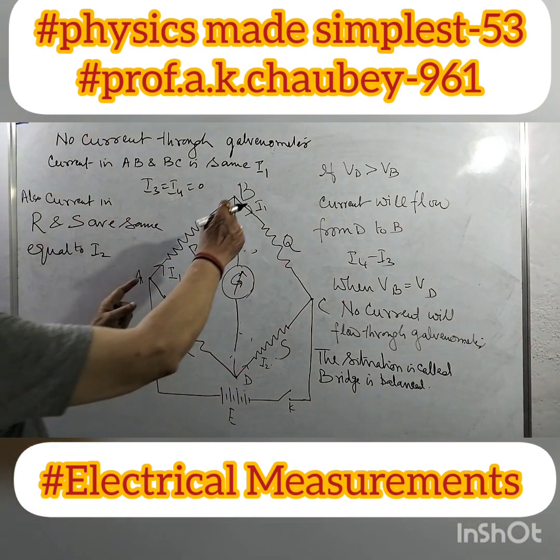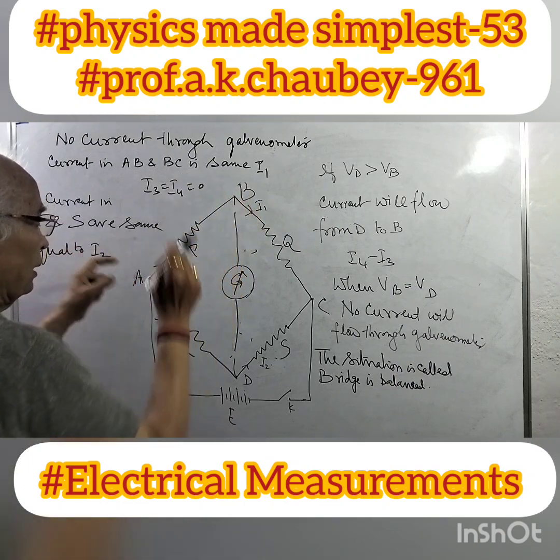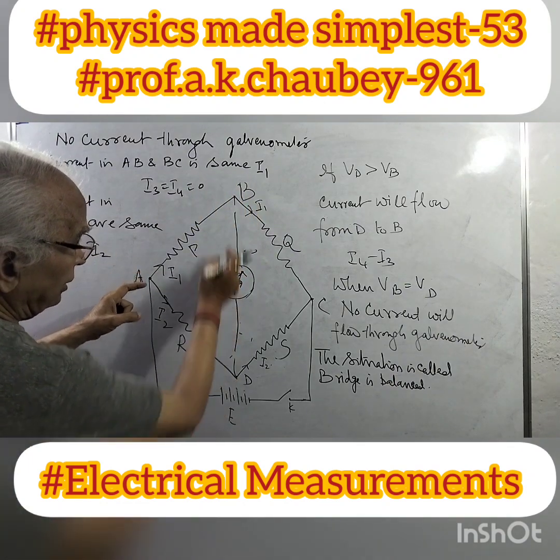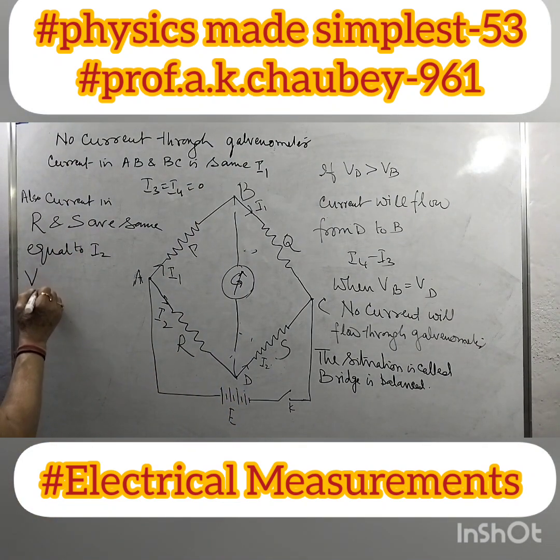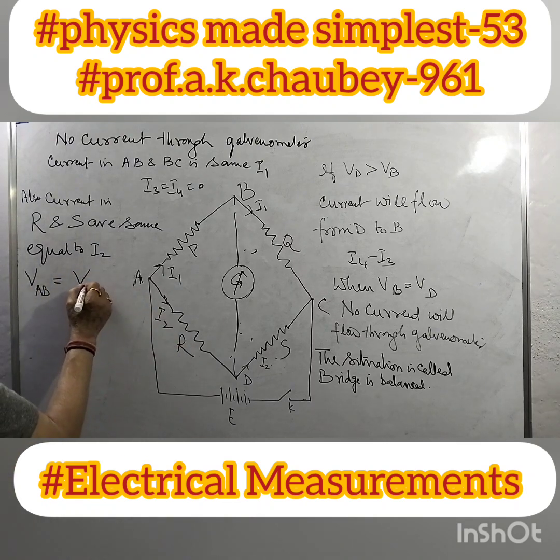What does it mean? The potential of A and B is equal to the potential of A and D, because there is no potential difference, no current flowing. So potential V across AB must be equal to V across AD.